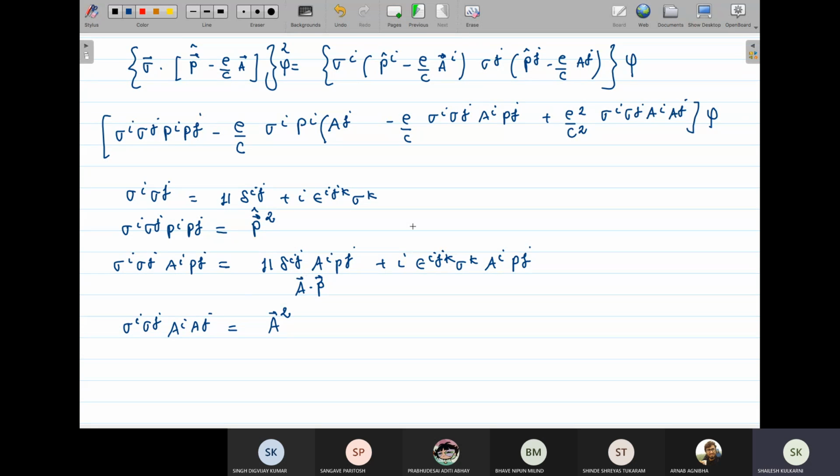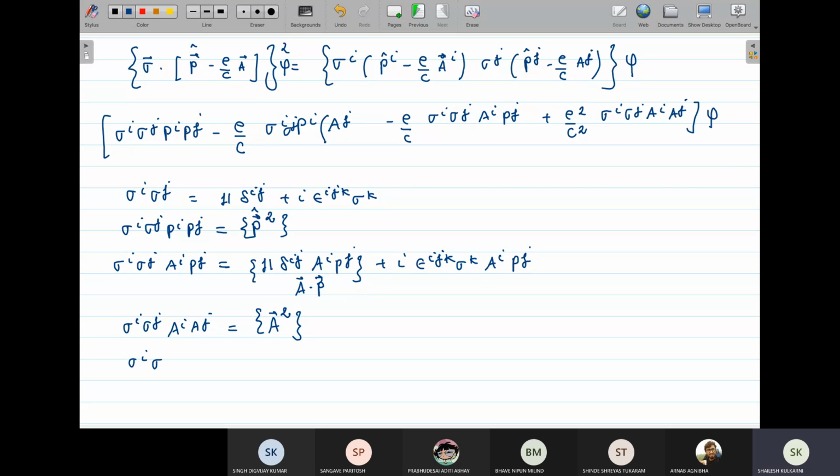Now if you collect this term and this term, what is going to happen? There is one more piece which I am missing. This term is actually wrong; this sigma j is missing. Now let us concentrate on this piece.